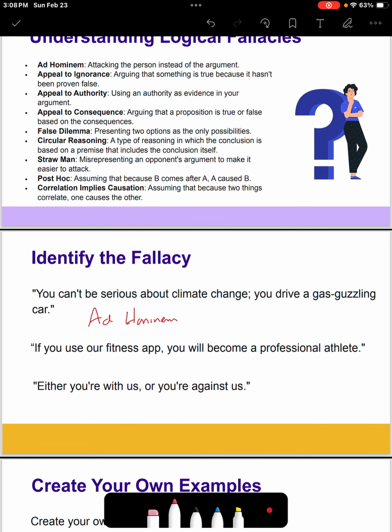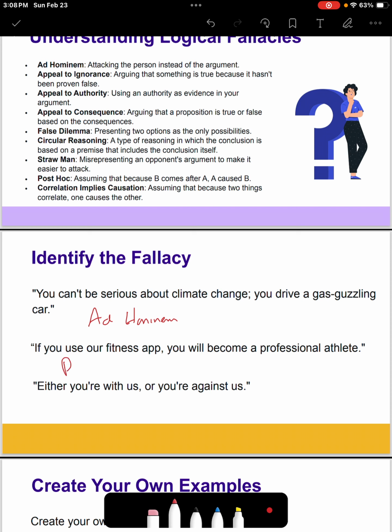How about the next one? "If you use our fitness app, you will become a professional athlete." In this one, I'm kind of torn.